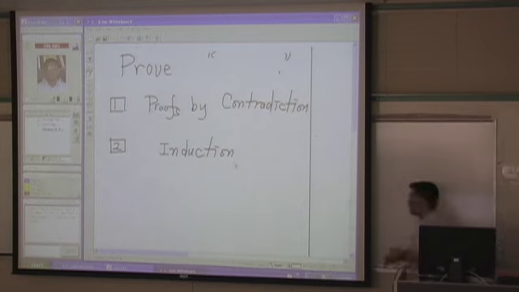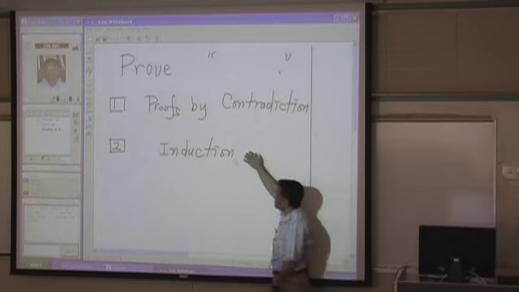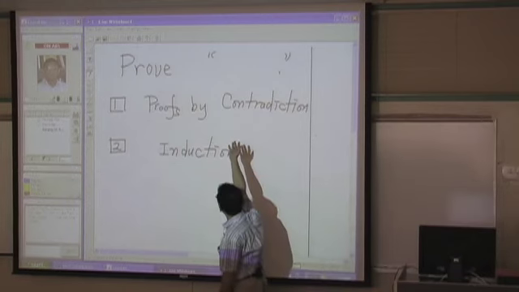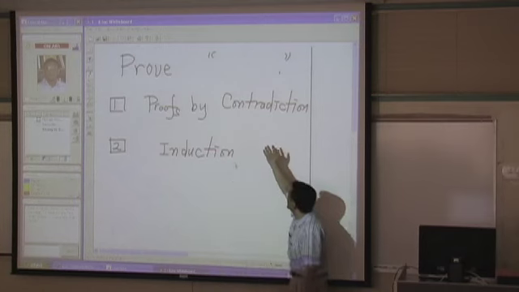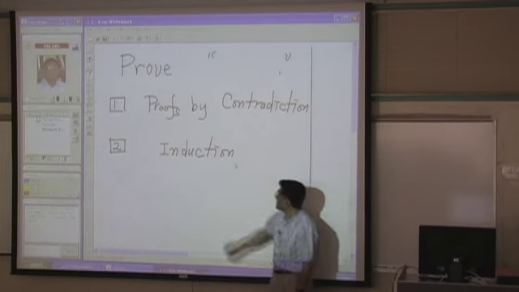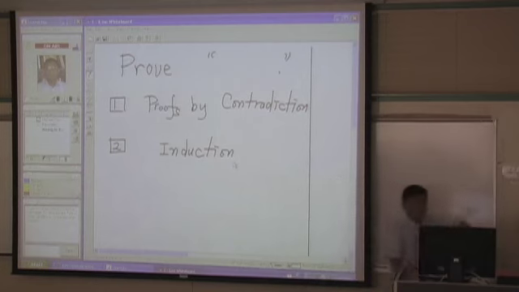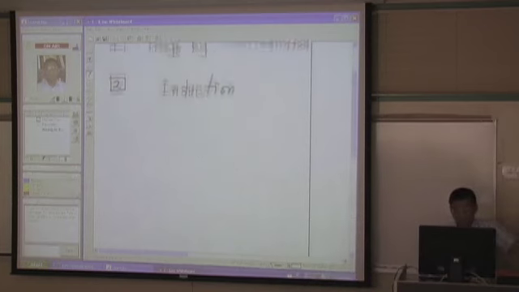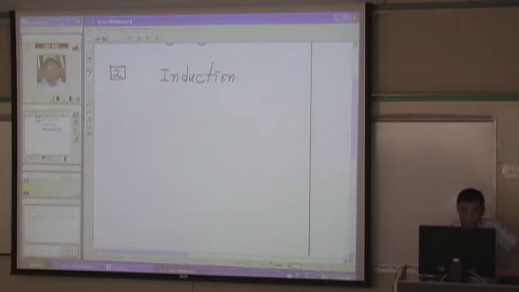And today we will focus on induction. Of course, I will show you an example of using a proof by contradiction, and induction will be used later. So let's look at one example.